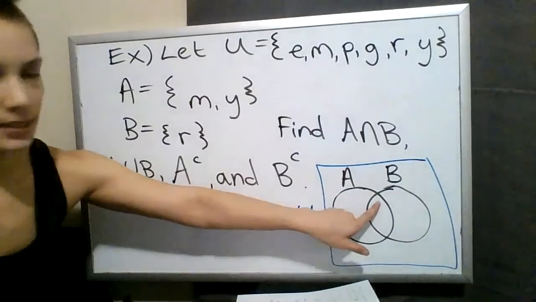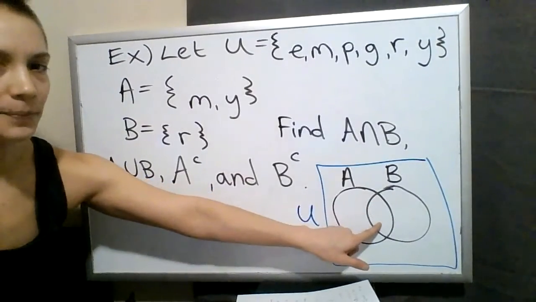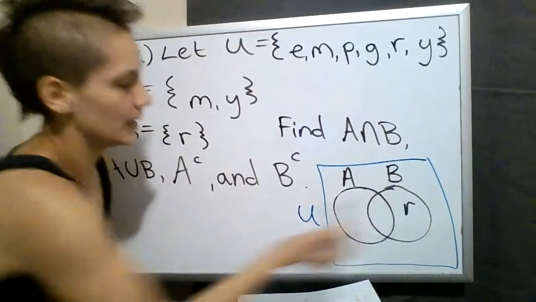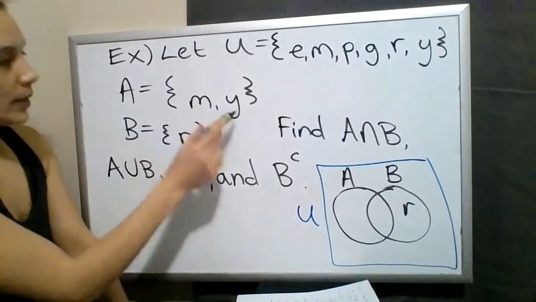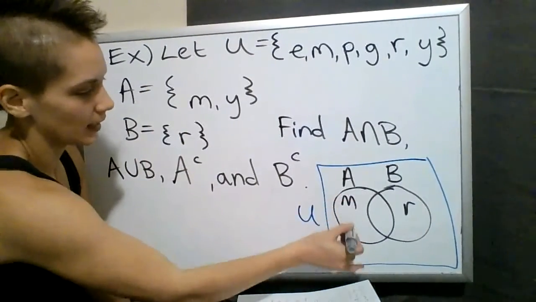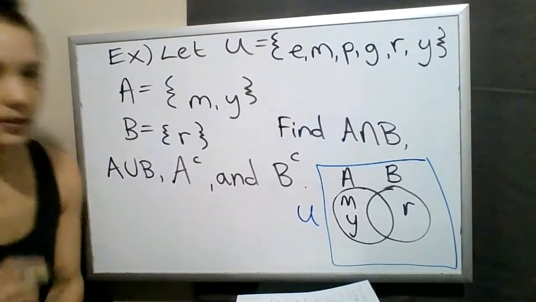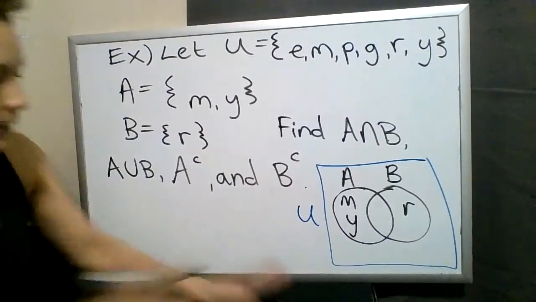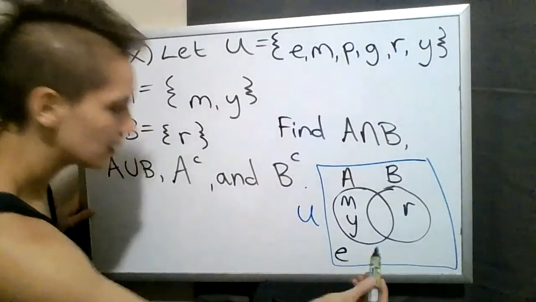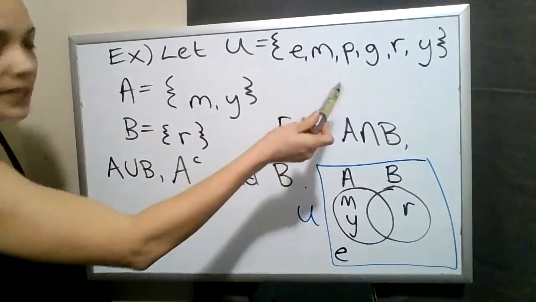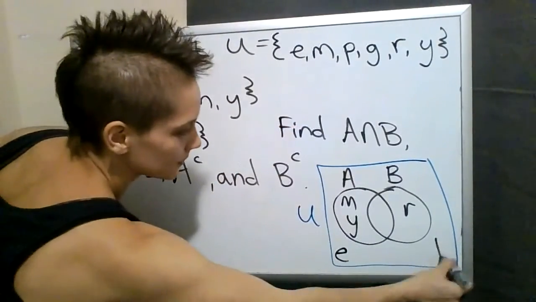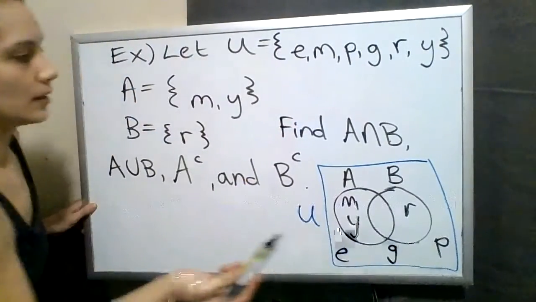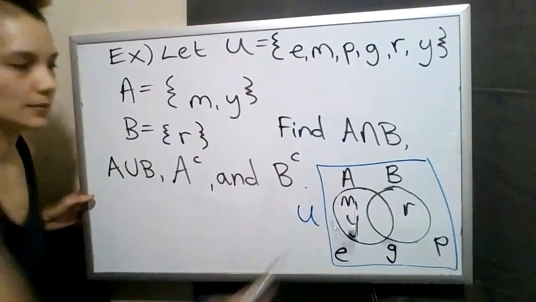But there's going to be nothing in the shared space between A and B. We just have R over here on this side in set B. M and Y are in set A. Your other elements need to sit outside of your set. So E is down here. Got M, we need P, G, R, Y are good.